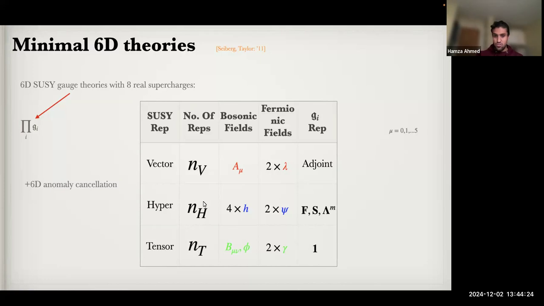This, in addition to the supersymmetry algebra and the gauge algebras, constrains the 6D theories that you can have. Of course, you can add gravity to the mix by coupling to the supergravity multiplet, but we will only be considering supersymmetric gauge theories, so we won't couple to gravity.